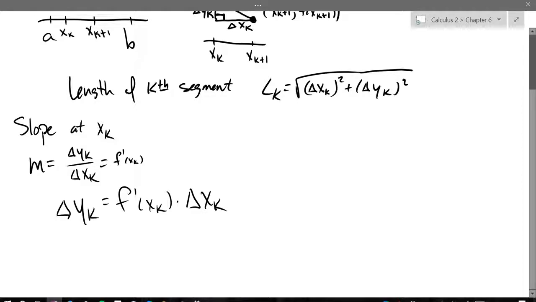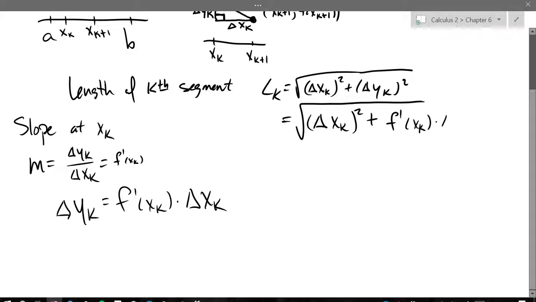And now just filling that in: delta xk squared plus delta yk, I'm going to swap that out for f prime xk times delta xk, whole thing squared.